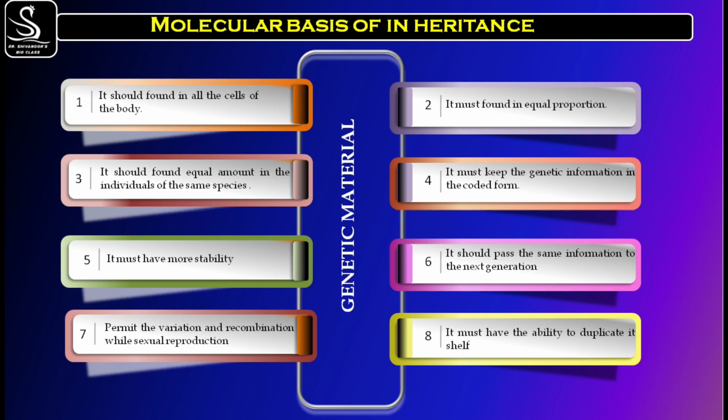That's why many scientists were arguing, or accepted, that DNA is the genetic material. But some scientists had doubts. That is our main intention over here, to clear every doubt. How did the scientific community try to clear their doubt, to explain that protein is never going to be the genetic material but the DNA? So what is the last property we observed here? It must have the ability to duplicate itself.